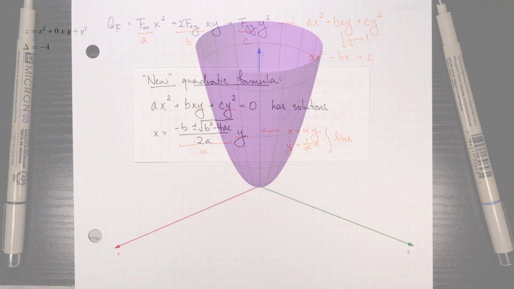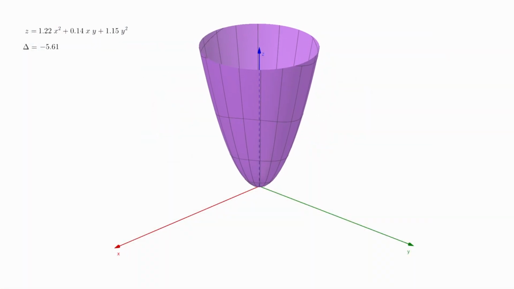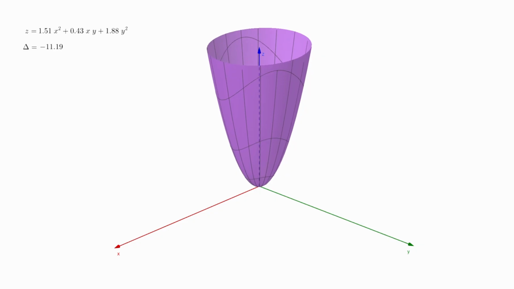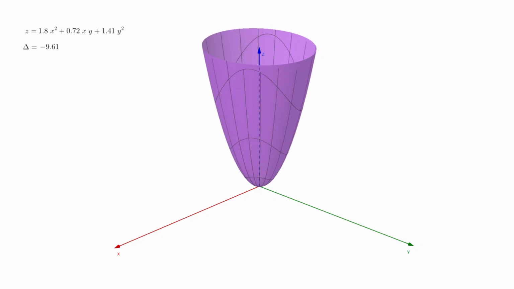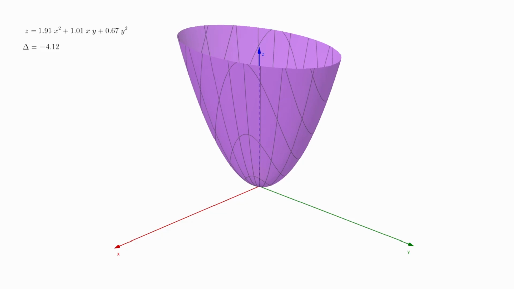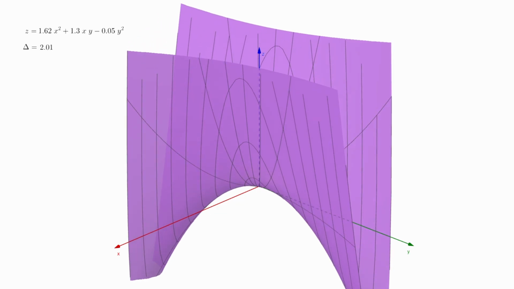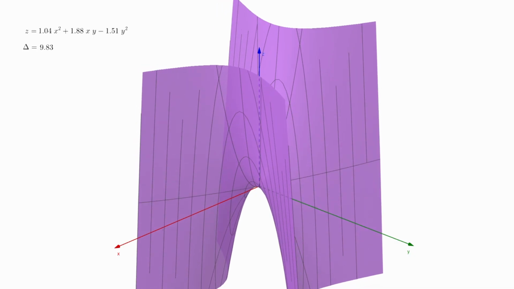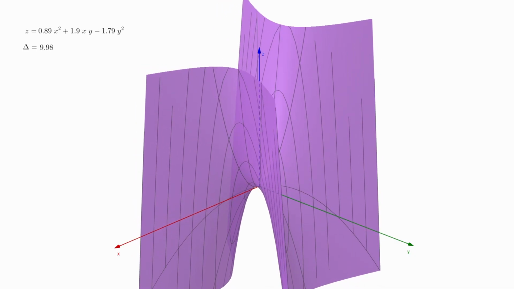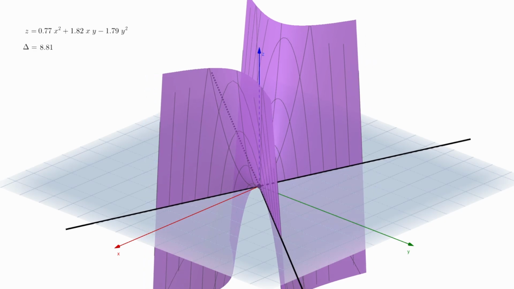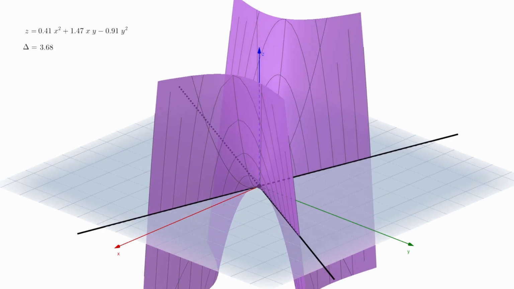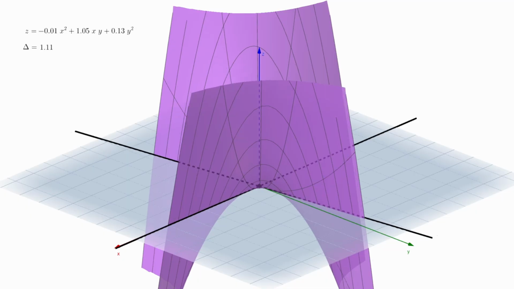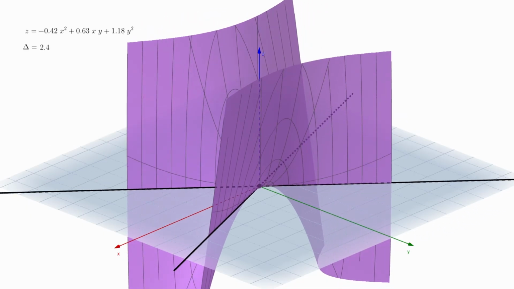So what's happening here is that q sub f defines a surface, and what you see here is this surface changing as I vary the coefficients of q sub f. But the quadratic formula also involves setting q sub f equal to 0. And what this means is intersecting or restricting our surface to the xy plane. And so here you can see the lines that we got as solutions to this new quadratic formula.